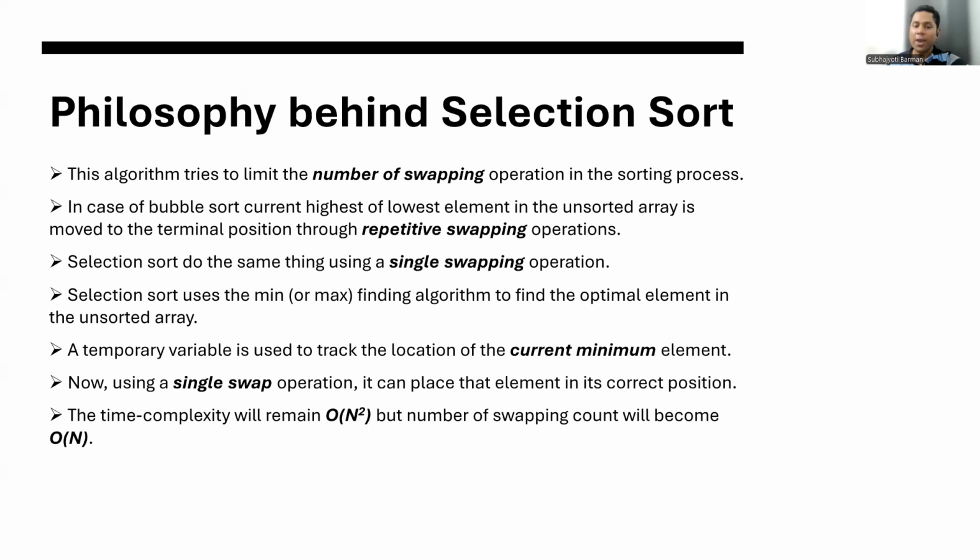Sometimes we may require fewer than n minus 1 swaps when a few elements are already in their correct position. Fine. So now we will learn how to express this algorithm formally using algorithmic notation.